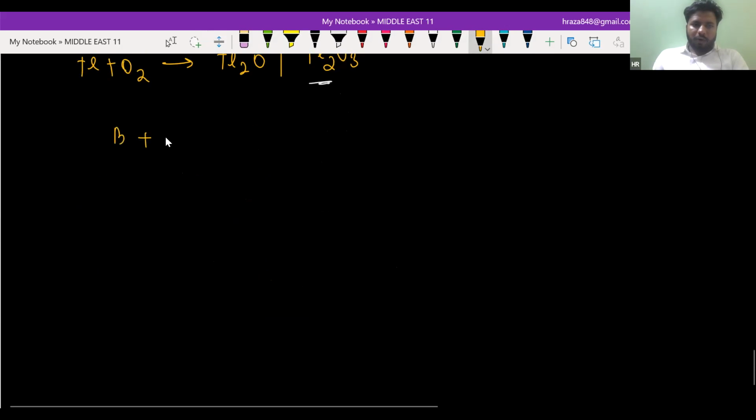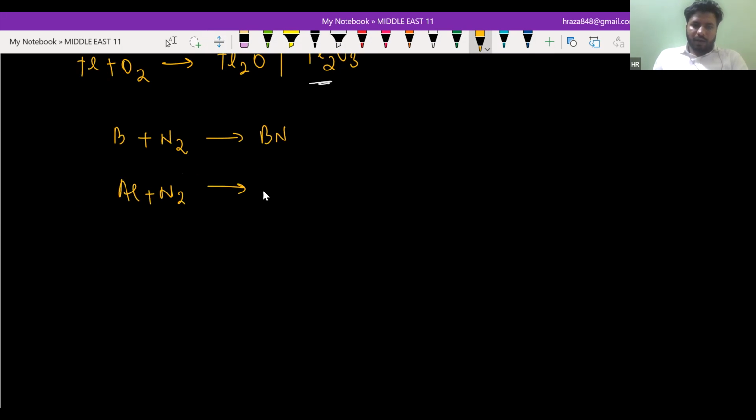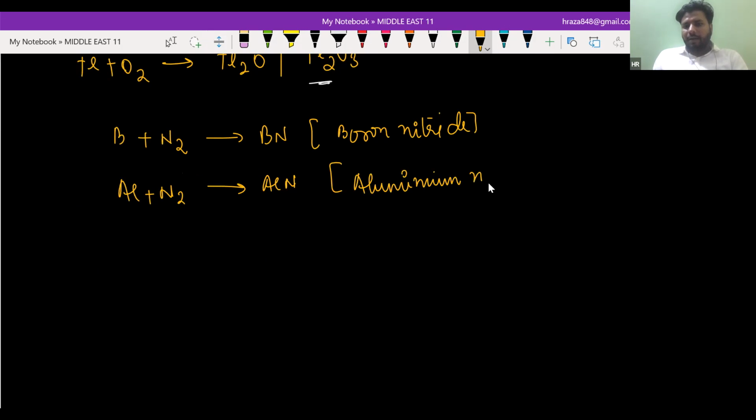Now, since we are talking about air, boron will react with nitrogen, and aluminum will react with nitrogen to form nitrides. This will form boron nitride, and this is known as aluminium nitride.